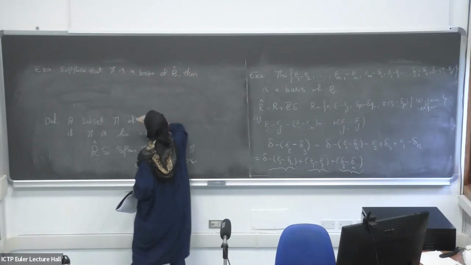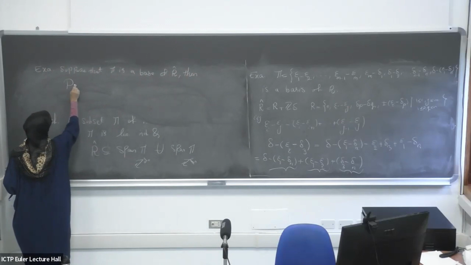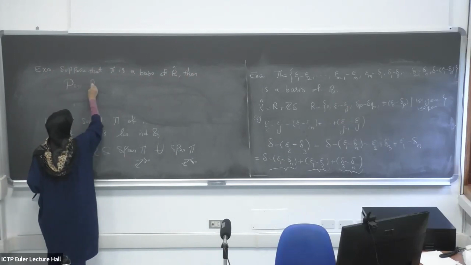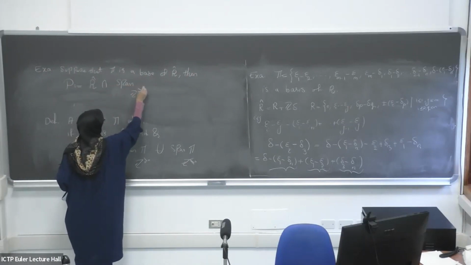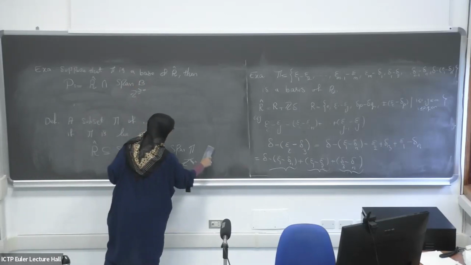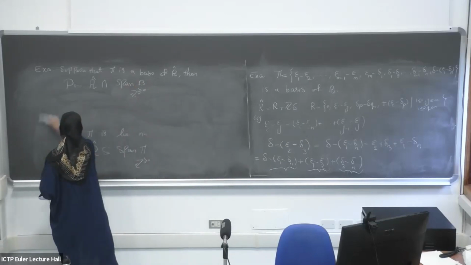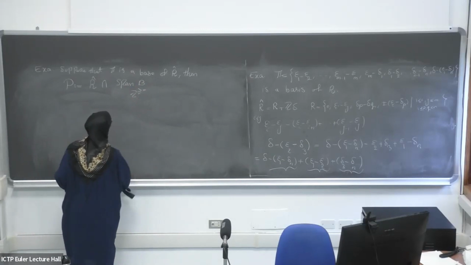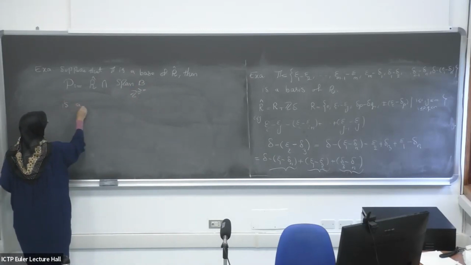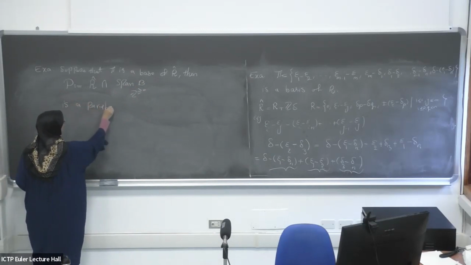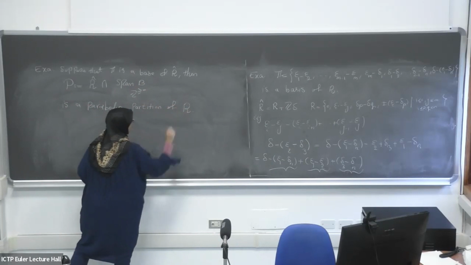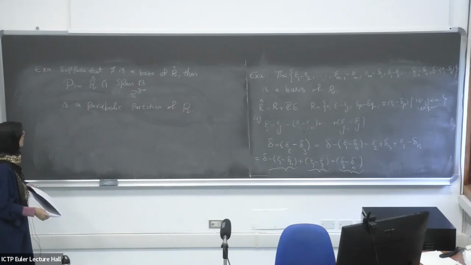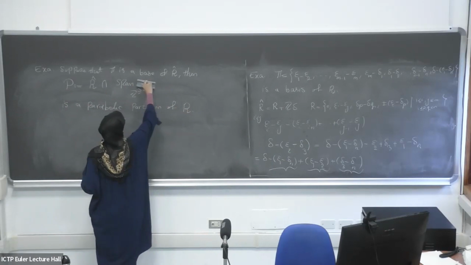Then R hat intersection span pi is a parabolic partition. Do you mean span pi? Yes, yes. Thanks.